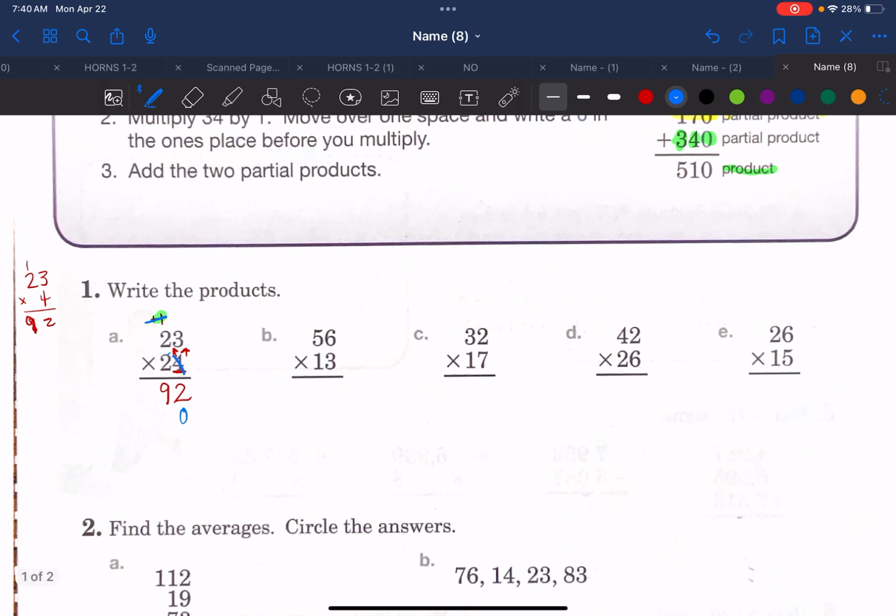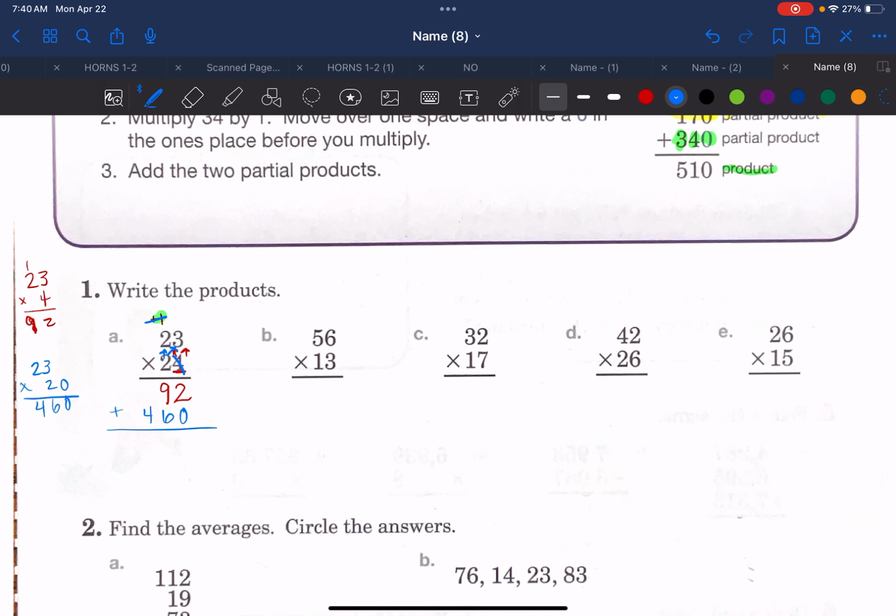So I start by going over to my 1s. 3 times 2 is 6. Put that in its place value spot. Then I do 2 times 2, which is 4. So I get 460 for that partial product, and I could double check it by saying 23 times 20, which I just bring down my 0, and then 2 times 3 is 6, 2 times 2 is 4. So 460, that matches.